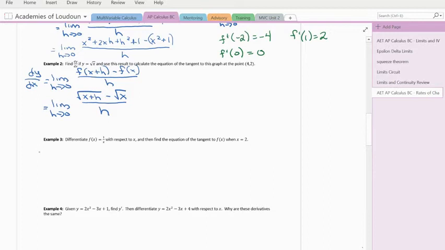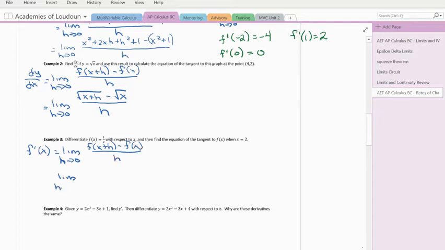For example 3, we want to differentiate, so we want f prime of x. Again, our limit as h approaches 0, f of x plus h minus f of x all over h.